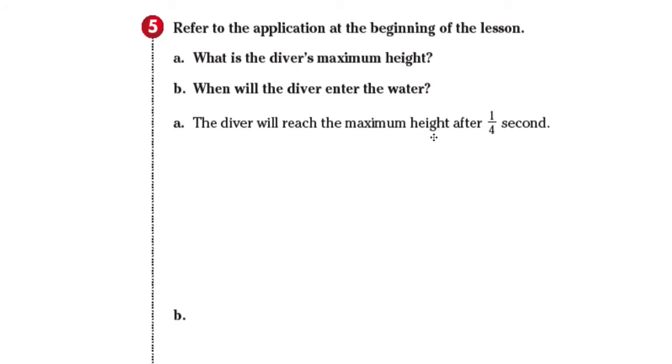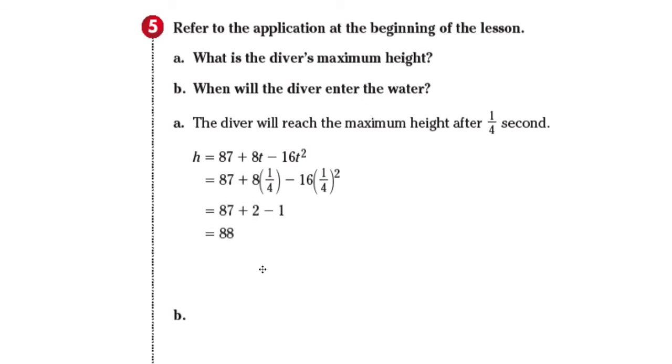So we use the formula h equals 87 plus 8t minus 16t squared, and substitute 1/4 for t. We end up with h equals 87 plus 8 times 1/4 minus 16 times 1/4 squared, which gives us a value of 88. So the diver's maximum height will be 88 feet.